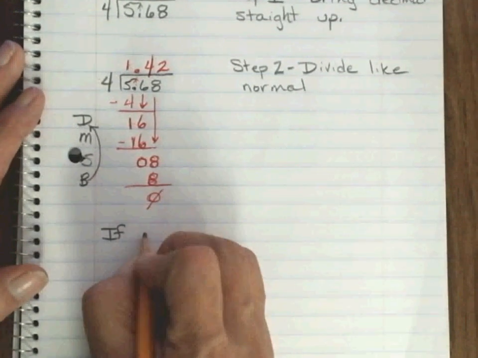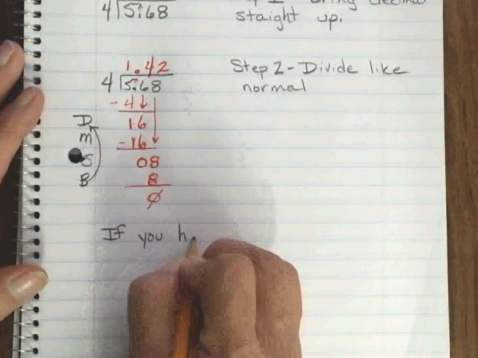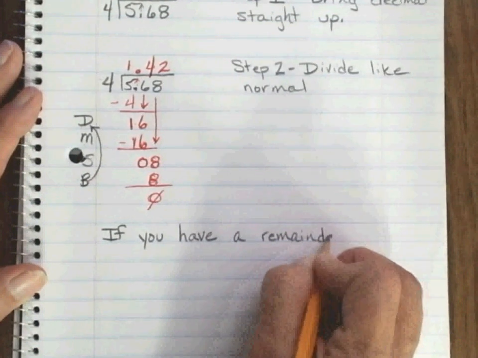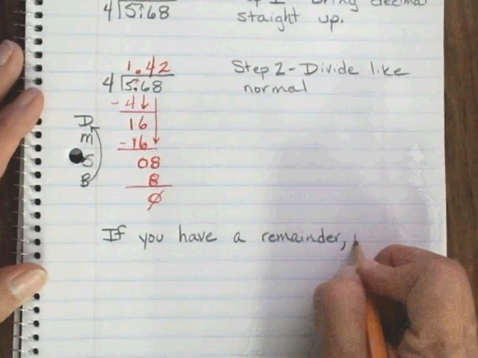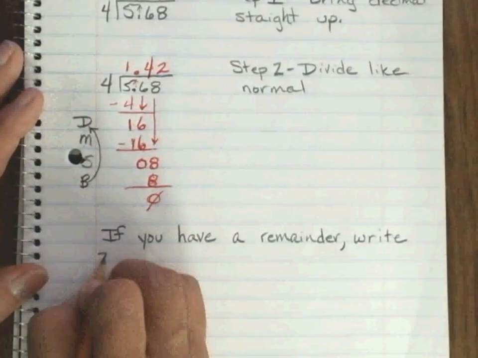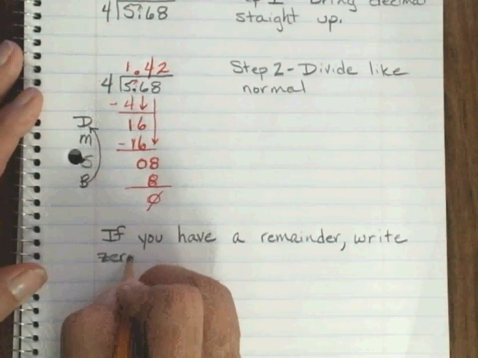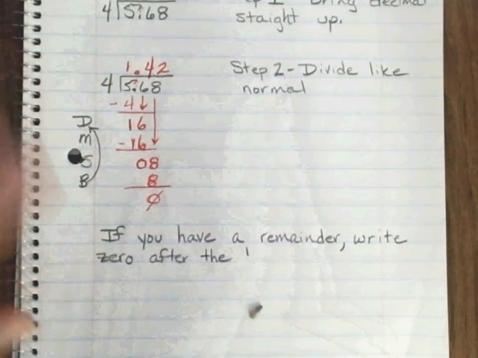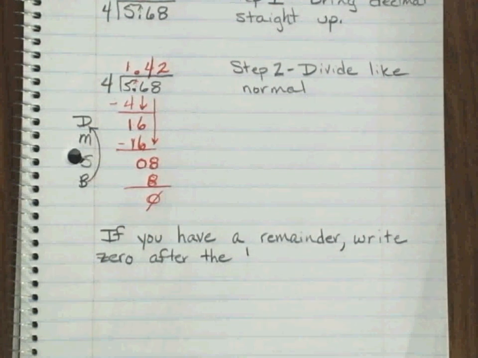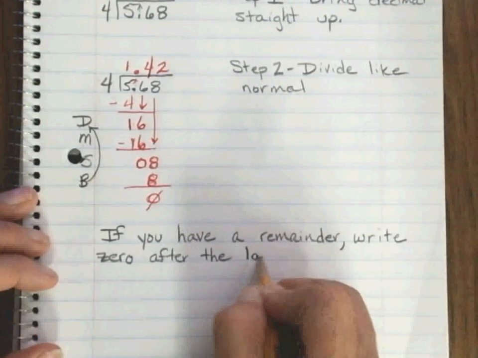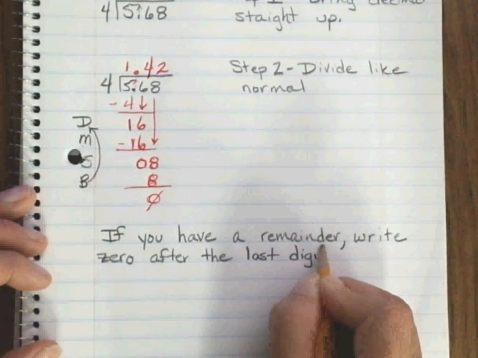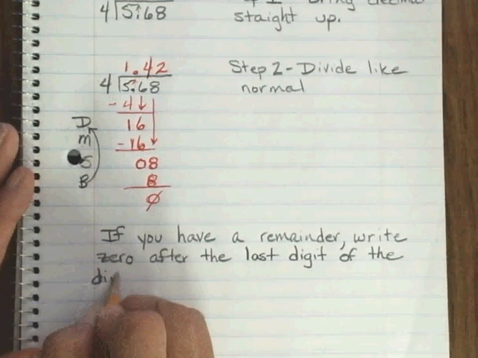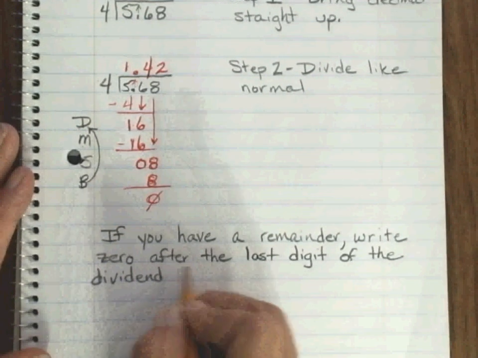If you have a remainder, you're going to write a 0 after the last digit of the dividend and bring it down.